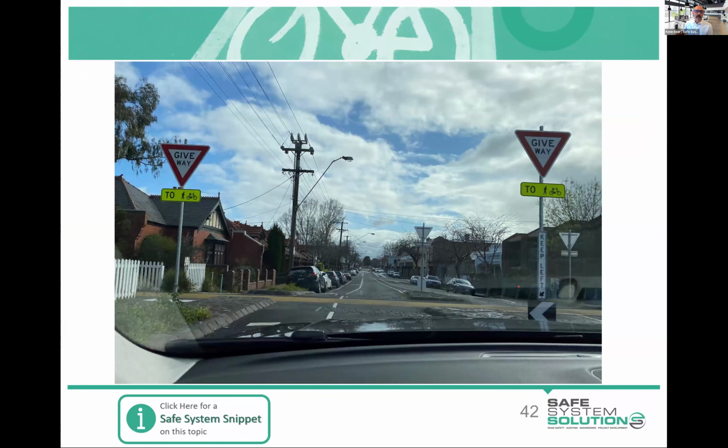And there's an example from a driver's perspective approaching one of these. It's absolutely fascinating to try and do sight distance on these, because you really want to think about the speed of the cyclist coming in, the speed of the vehicle coming in, sight triangles, and then you apply some factors for the different speed environment you're in.